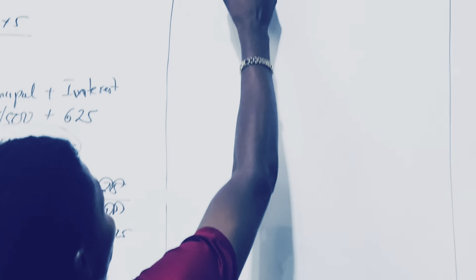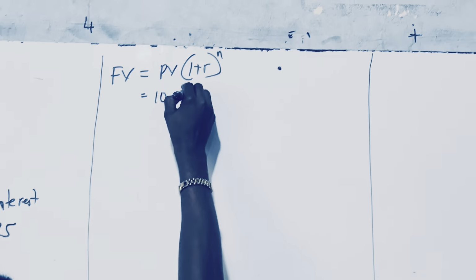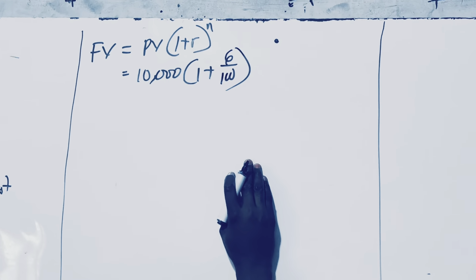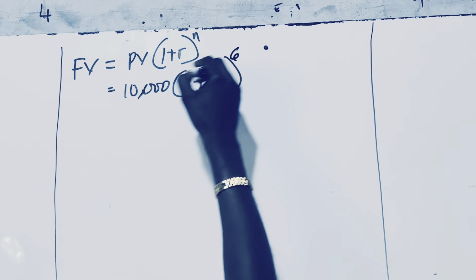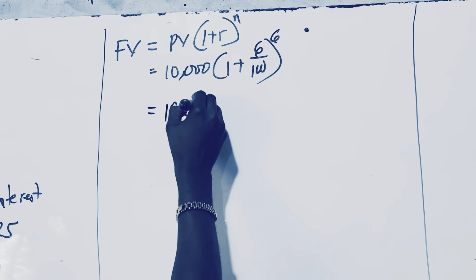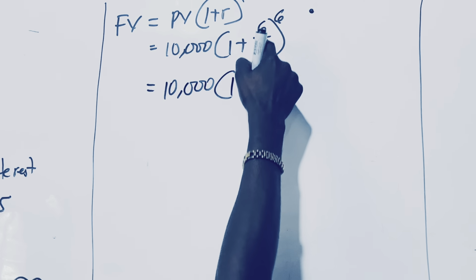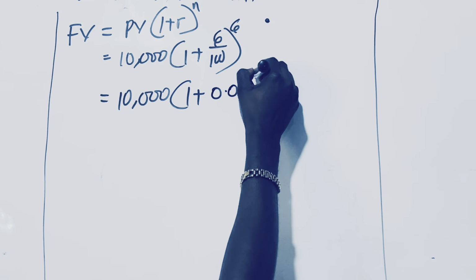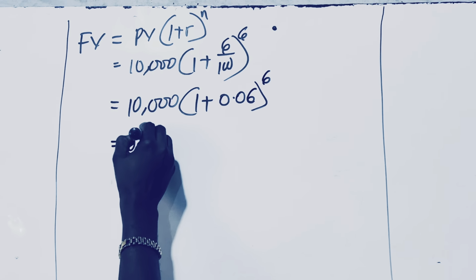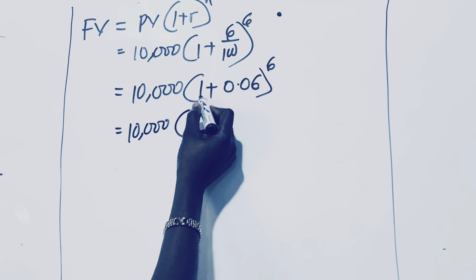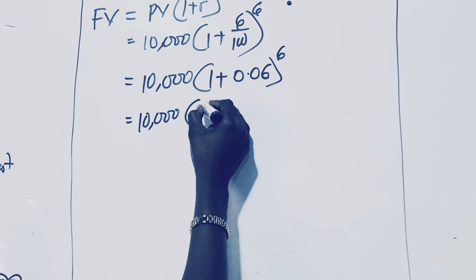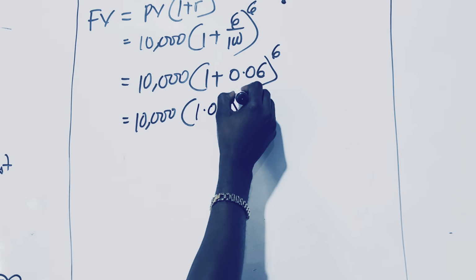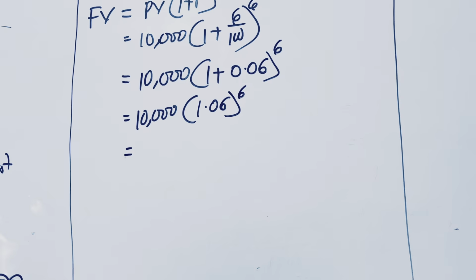So here we have our 10,000 Ghana cedis, and then our 6% can be given as 6/100. And our time is 6 years. So 6/100 can be written as 0.06. And we have 10,000 bracket open 1 plus this will give us 1.06 raised to the power 6.